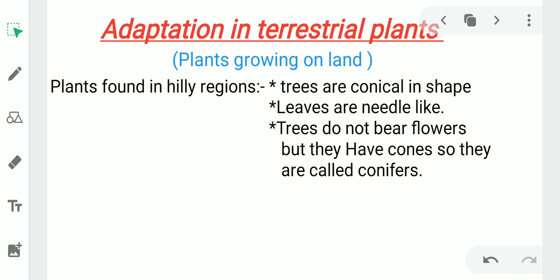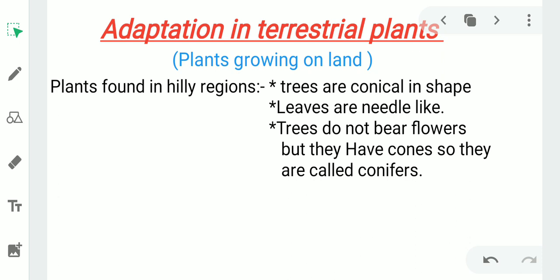First point, trees are conical in shape, means the shape of trees is cone-like. Now this conical shape helps all the snow to shed off, all the snow to fall down. Second, leaves are needle-like.